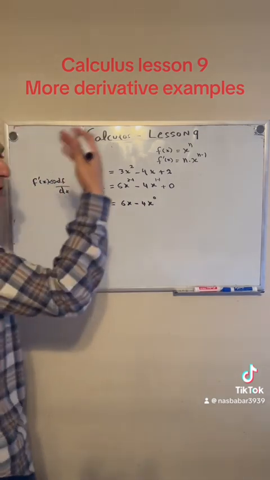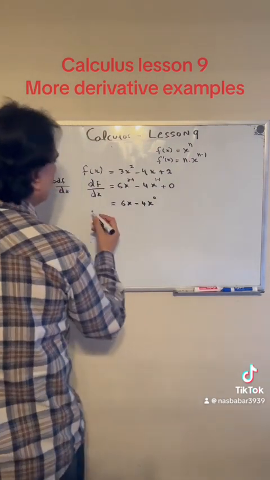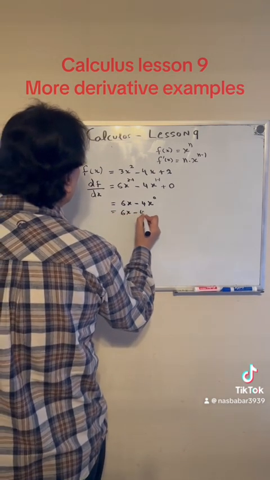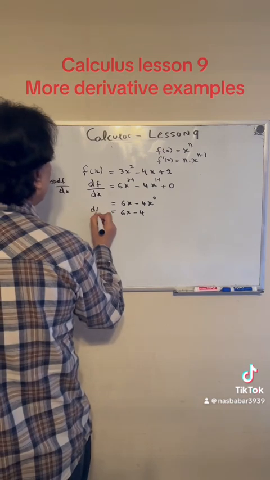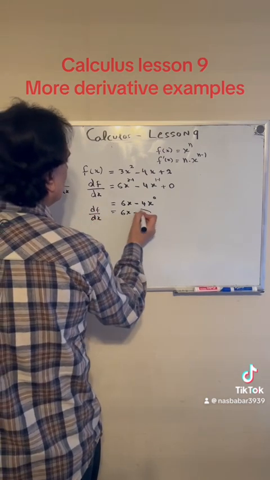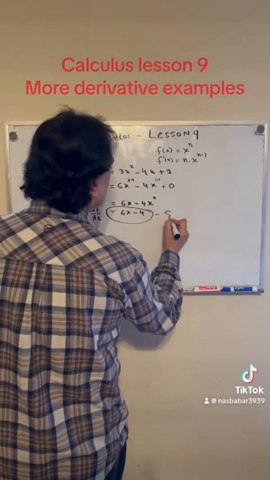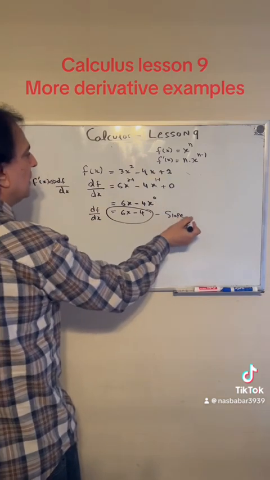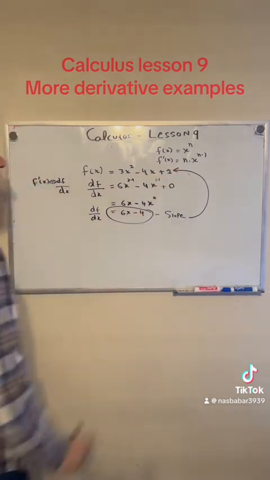Now you know anything raised to the power 0 is 1. So then we get 6x minus 4. That is, my friends, the derivative or slope. This is the slope of this function right here.